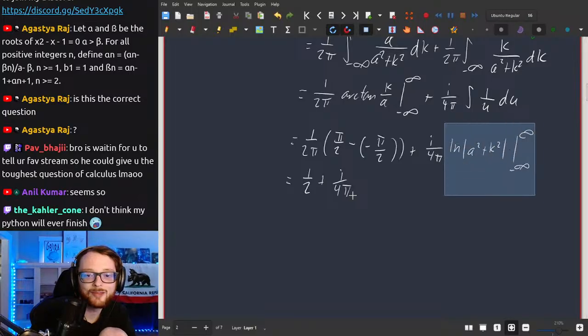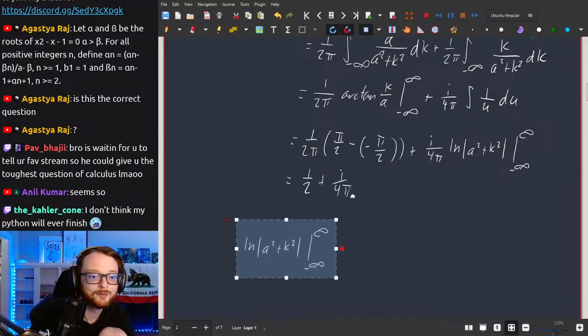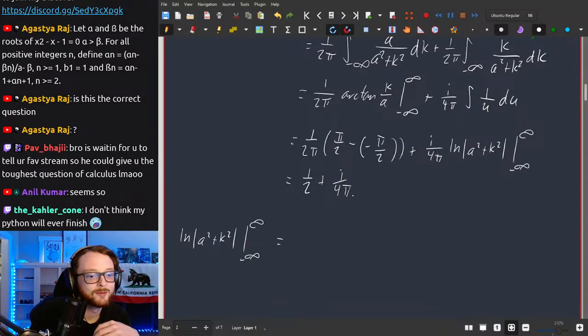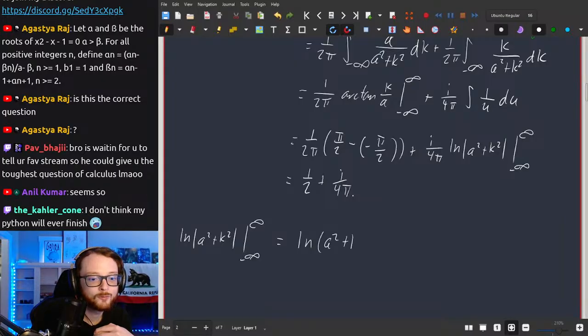Okay, well, let's take this thing separately. So we have an absolute value. And so can we say this is equal to ln with no absolute value if we go from 0 to infinity?